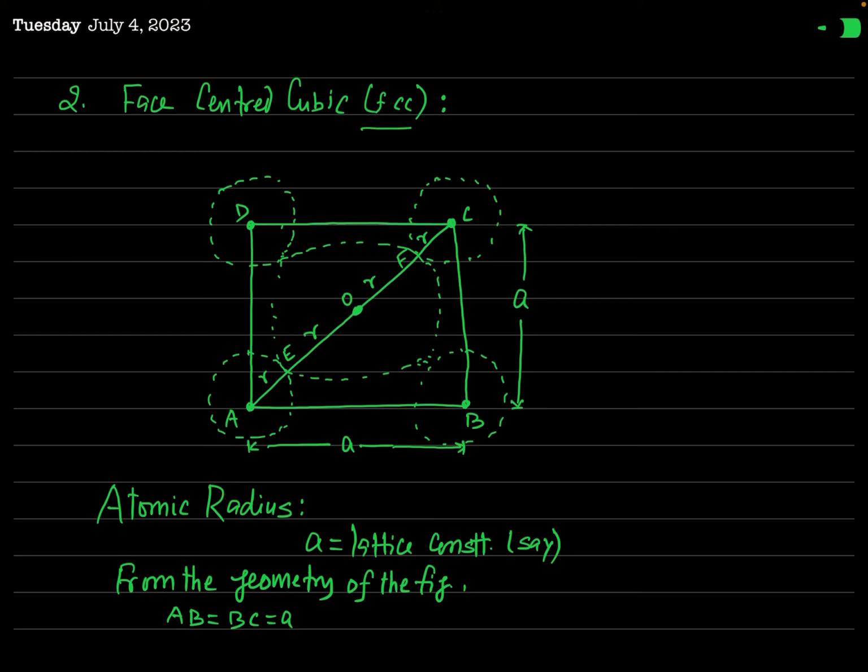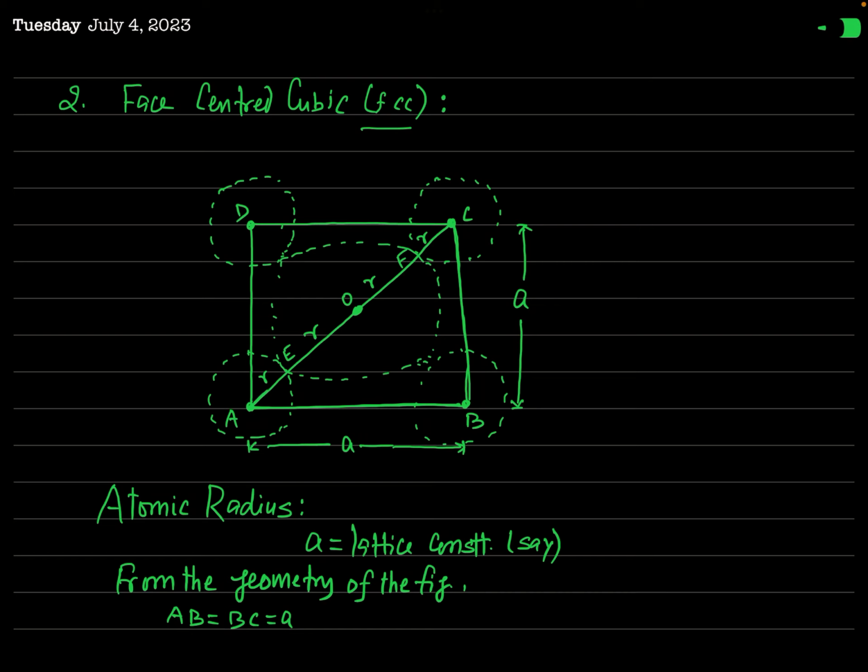Now, the distance between A and B is equal to the lattice constant a, and similarly the length of side BC is also equal to a. Now see the figure.